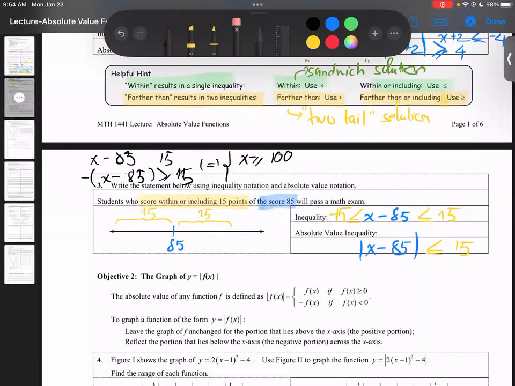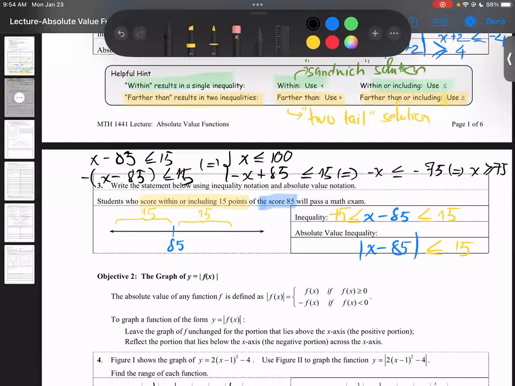It should be less than here because we're within or include. On the second inequality, I'm gonna distribute the negative. So negative x plus 85 less than or equal to 15, and then solve for that one. Negative x less than or equal to negative 75. Divide both sides by negative 1. x greater than or equal to 75. So as long as your score is between 75 and 100, you pass the class.